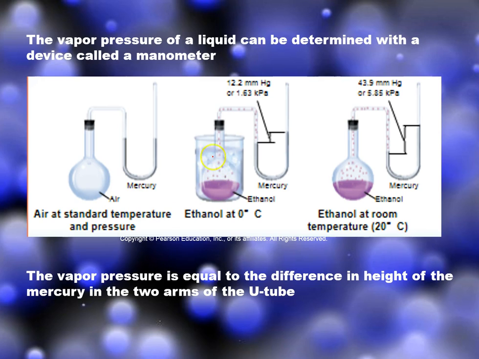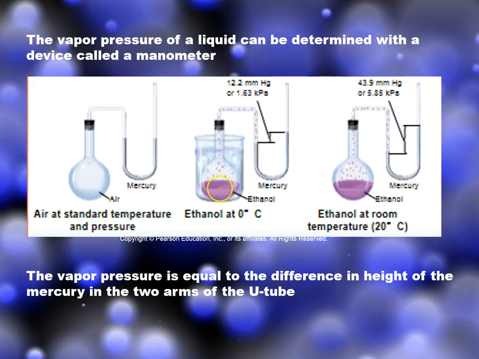Then you have glass tubing that connects to it. You have a U-tube, and in the U-tube you have mercury. So you have air particles that are pressing down on this side. That's the atmospheric pressure. And then you have gas particles that have evaporated from the surface of this liquid that come down and press on the mercury on this side.